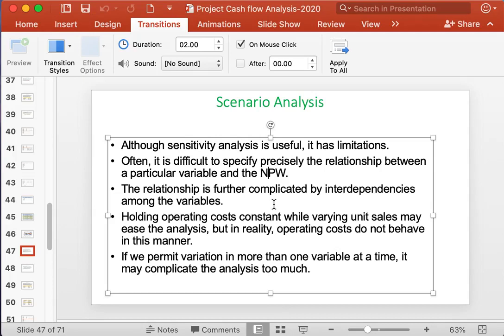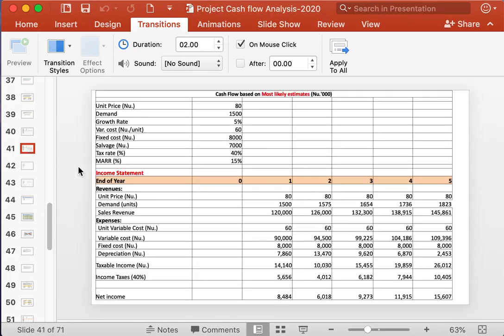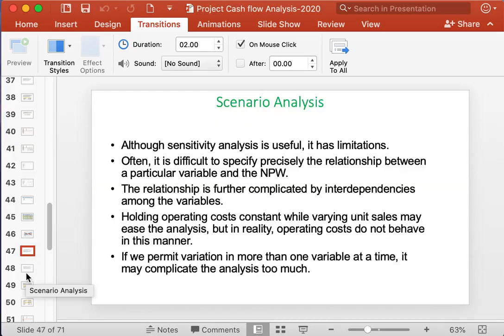In the practical or real situation, that would not happen. The thing is that all of these variables may actually simultaneously change.